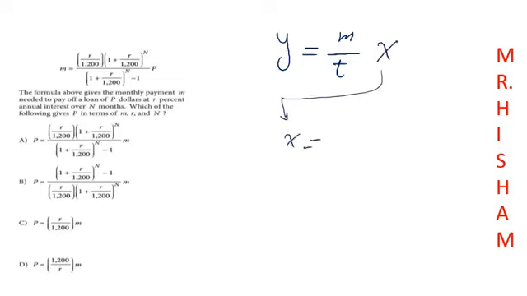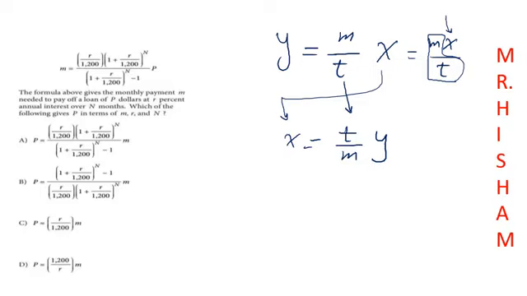We should know that if y is equal to m over t x, and I wanted to make x the subject, I'm going to write the reciprocal of m over t. So the reciprocal is t over m y. Again, if y is equal to m over t multiplied by x, and by the way, it could be written as mx over t, it's the same. So if you wanted to make x the subject, you only flip the fraction.